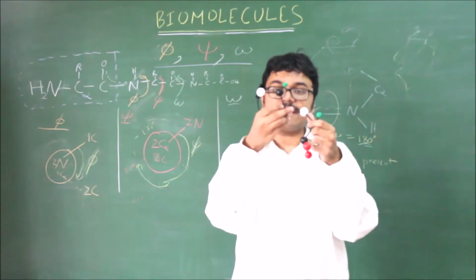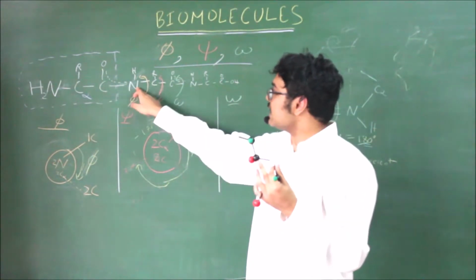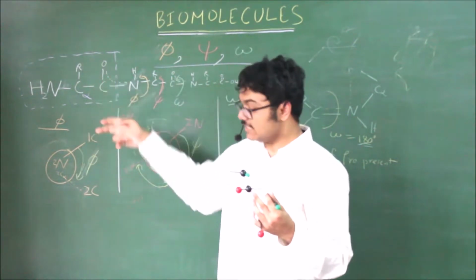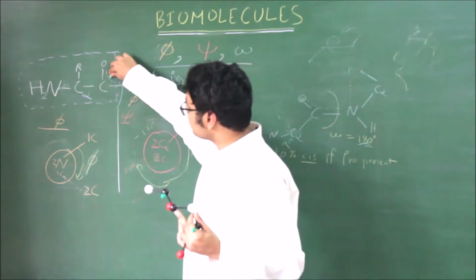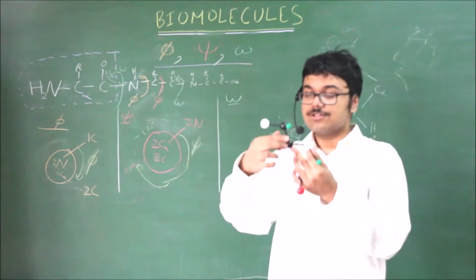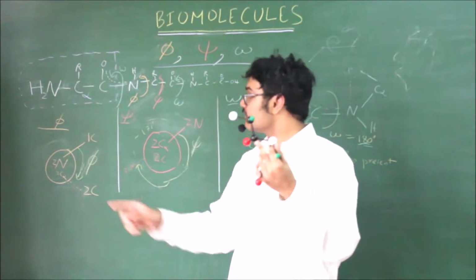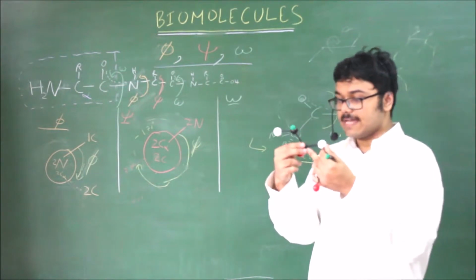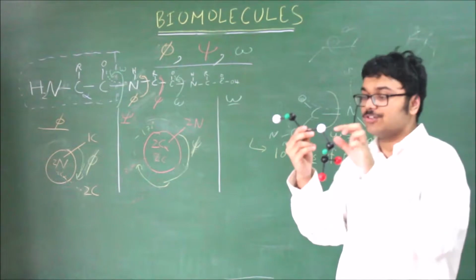So this C is bonded to this C alpha. We can see that over here. This N is bonded to this C alpha. So just like this is an omega angle, this will also be an omega angle. To bring it back to where we were, this is my C, this is my C alpha, and then here I have my nitrogen, and then the nitrogen bonds to the next C alpha.